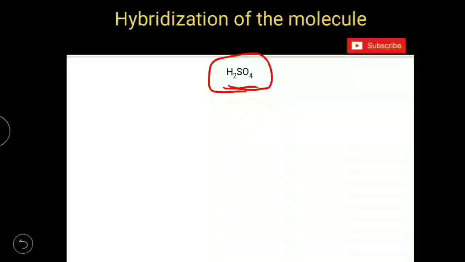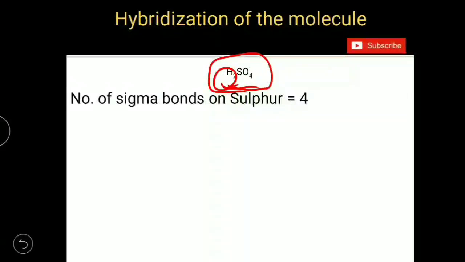And these H+ ions are generally formed from hydrogen atoms bonded to highly electronegative atoms. So it means in this H2SO4, these two hydrogen atoms are not bonded to sulfur. These two hydrogen atoms are bonded to highly electronegative oxygen atom, not sulfur. So how many atoms are bonded to sulfur directly? Only 4 oxygens. So number of sigma bonds formed by sulfur is equal to 4.